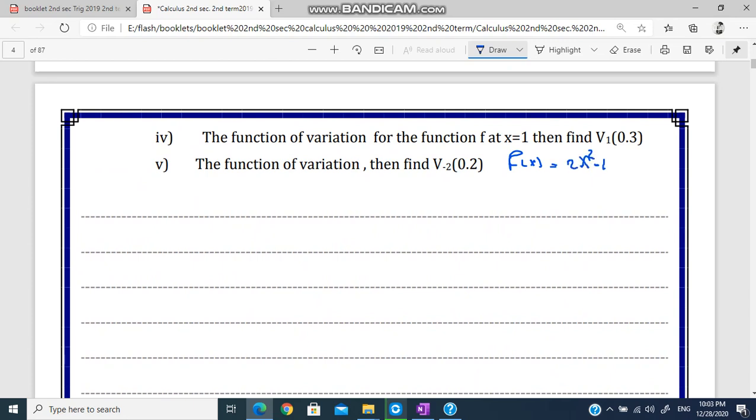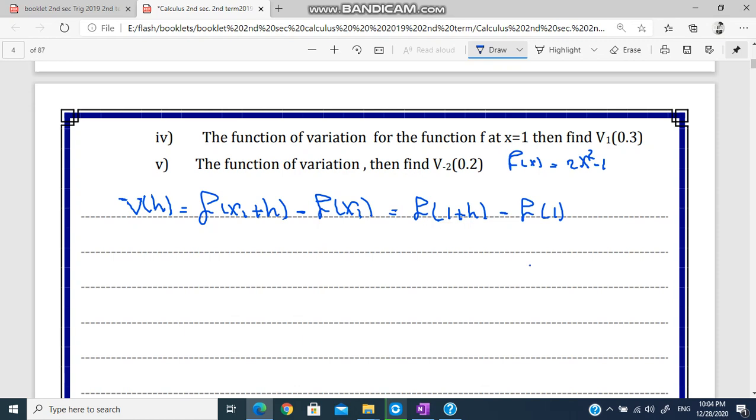To find the variation function, I will use the rule v of h equal f of x1 plus h minus f of x1. So by substitution about x1 equal 1, it will be f of 1 plus h minus f of 1.